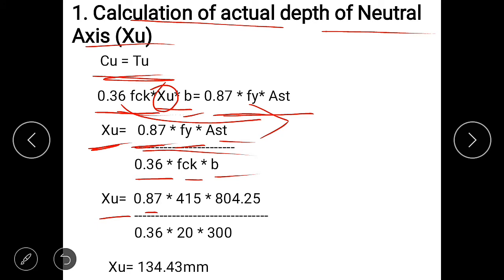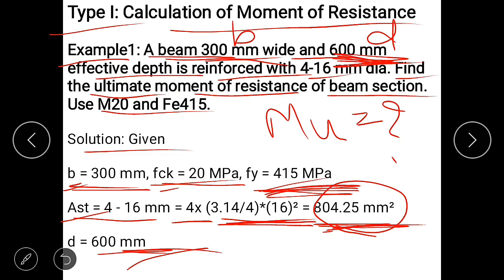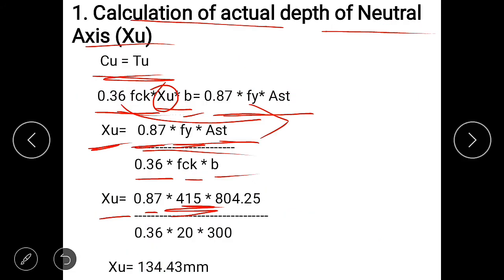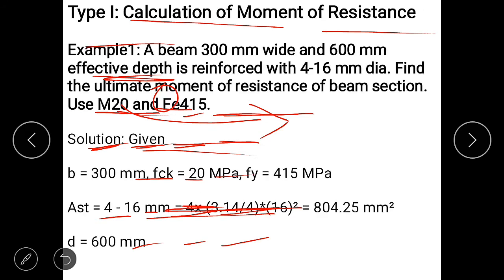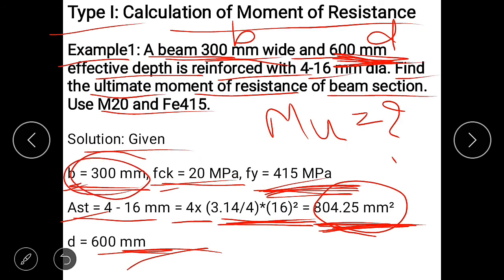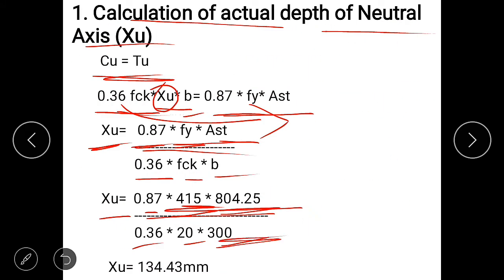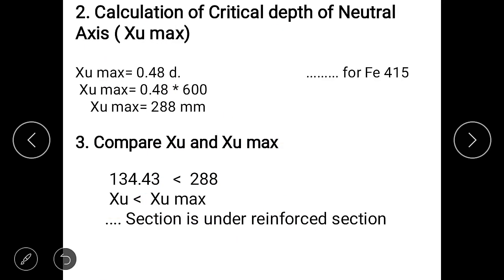So 0.87 into 415 into AST, which we calculated as 804.25, divided by 0.36 into FCK 20 and B, which is 300 mm. Solving this, XU is equal to 134.43 mm. Okay, so after calculating XU, we have to find XU max.